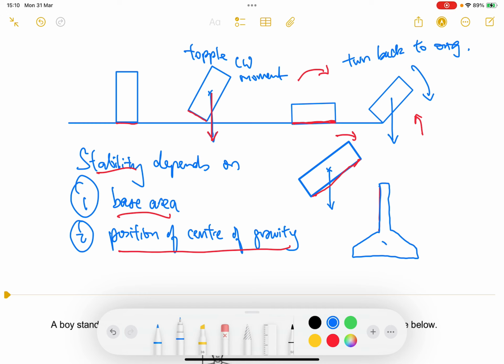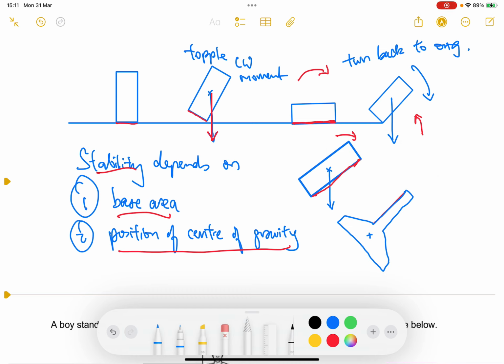Then you have a lower center of gravity, right? And it is very difficult to tilt this object to such an angle that it will topple. You would have to tilt it significantly.